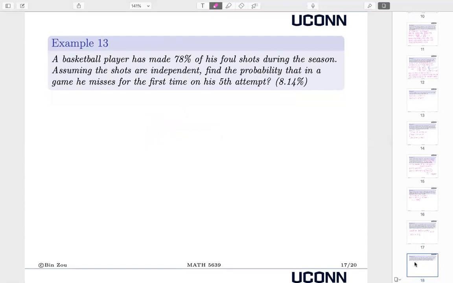The next one is about geometric distribution. So again, we will study this. So I will leave this once we cover the corresponding topic. If you want to know, you can study this on your own, right?